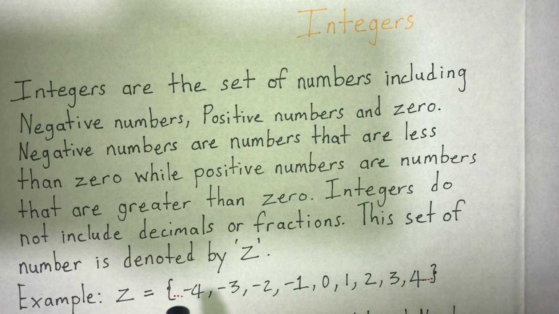And as we know, negative numbers are less than 0. So here we have negative 4, negative 3, negative 2, negative 1, 0. Then we have positive 1, positive 2, positive 3, positive 4, and it goes on forever.